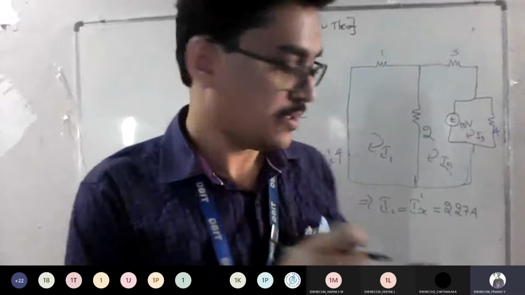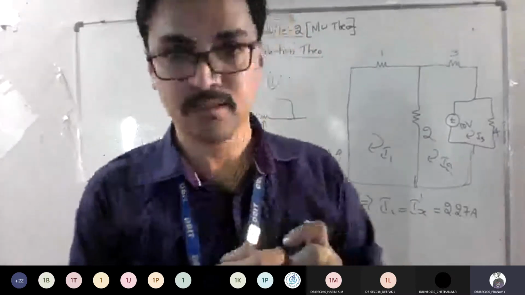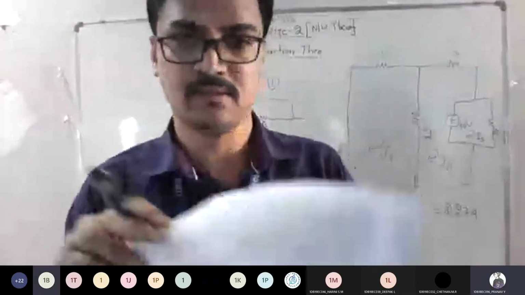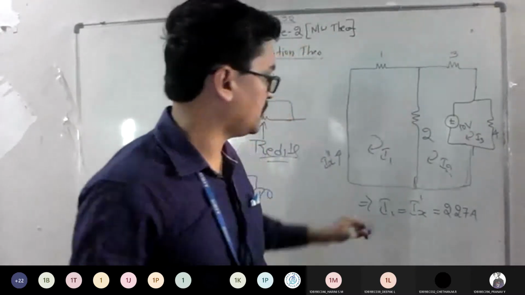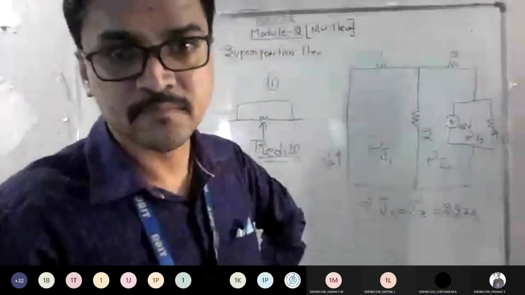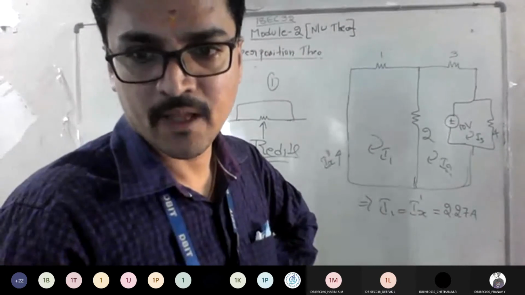Okay. What is the answer for this? How much did you get here? What is the current you got? Yashwant Roy, even now you have not solved it?